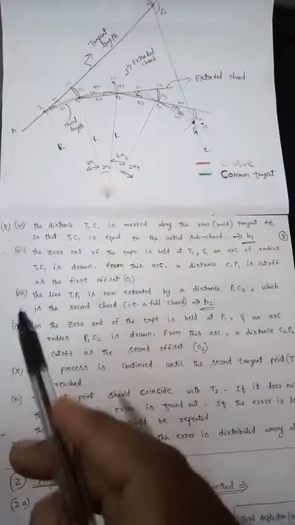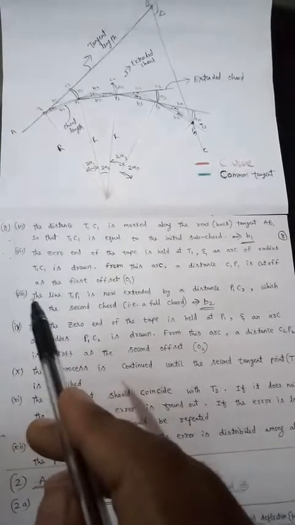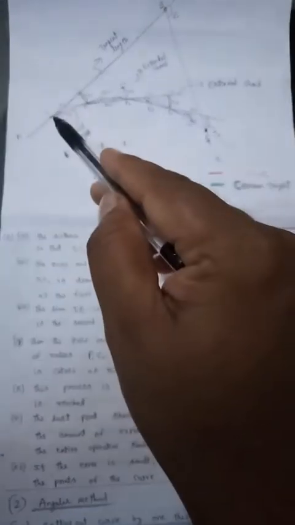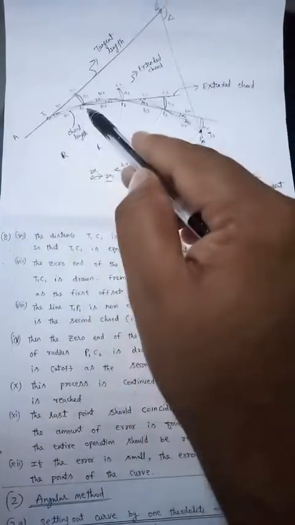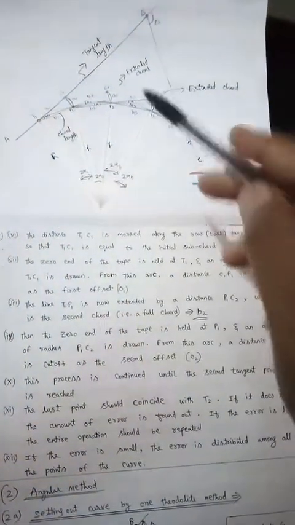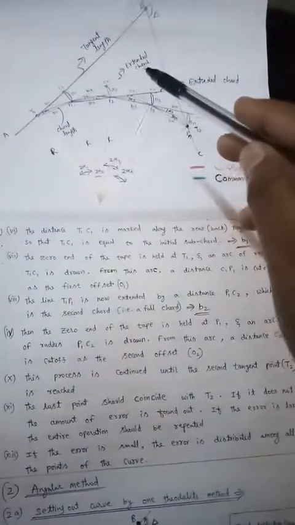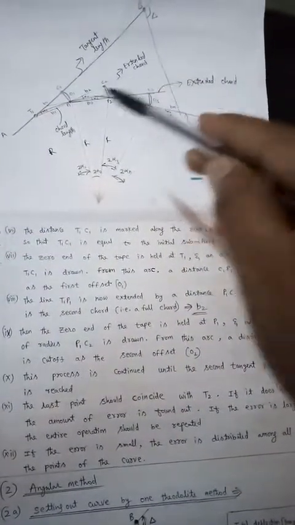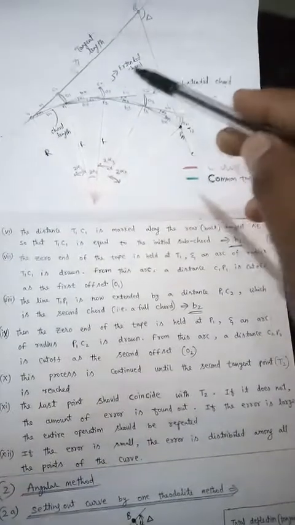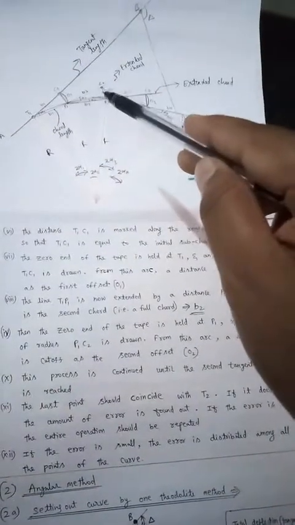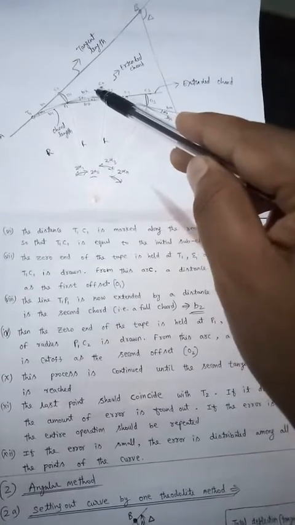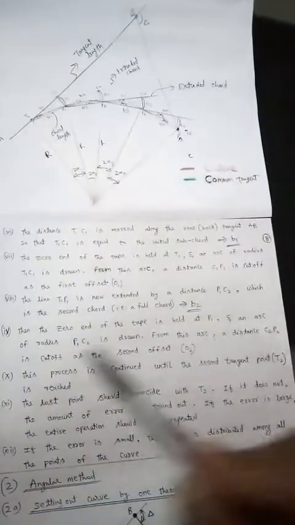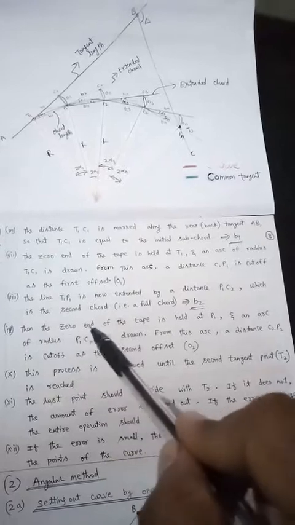Now the eighth point here: the line T1P1, this point is P1, is now extended by a distance P1C2, which is the second chord. That is the full chord, whose length is B2 here. Then the zero end of the tape is held at P1.